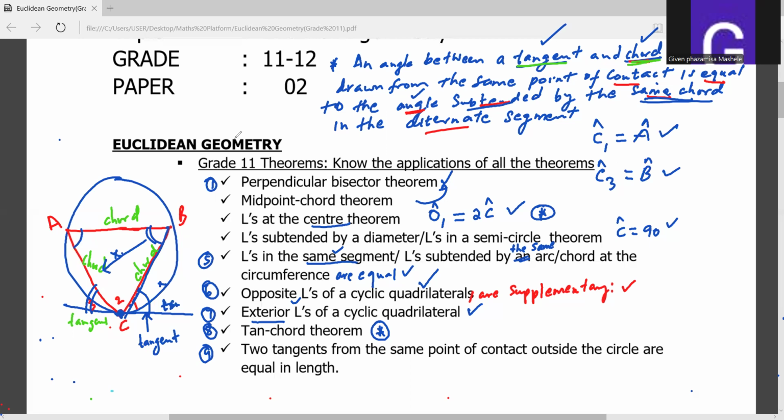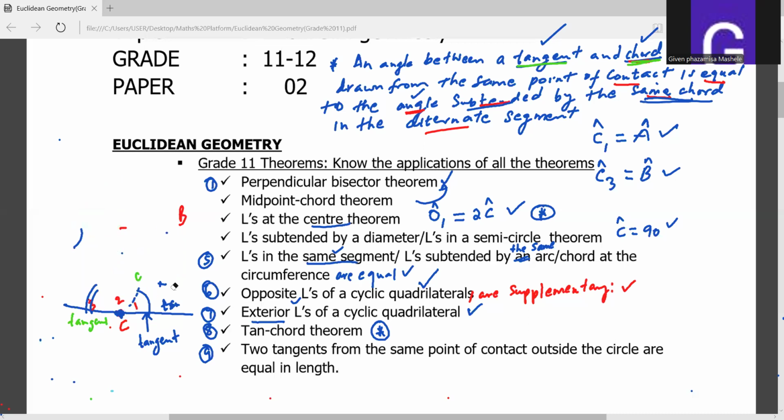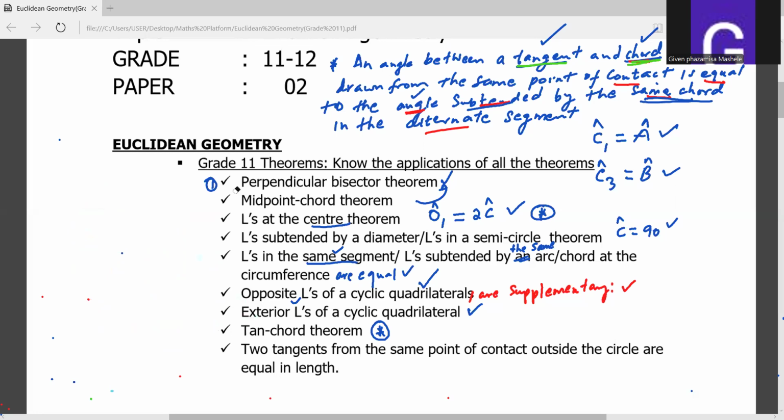Then the last one for grade 11, it is the two tangents from the same point of contact. This theorem states that two tangents from the same point of contact outside the circle are equal in length.